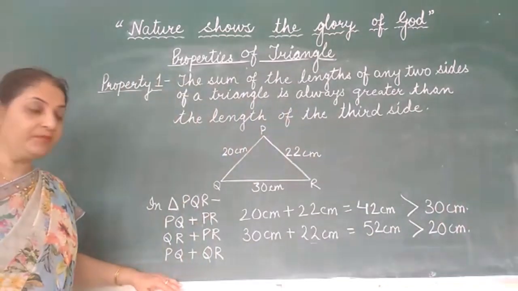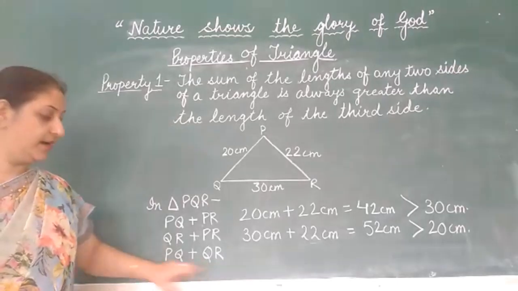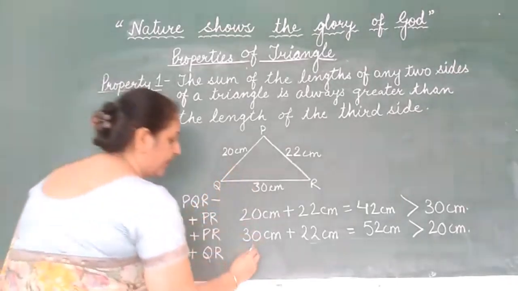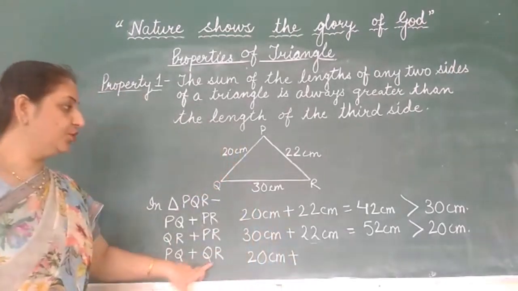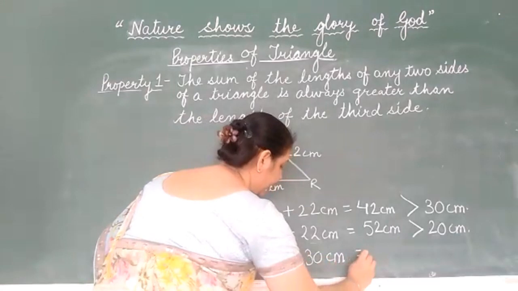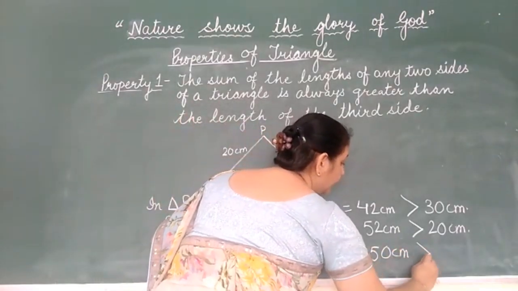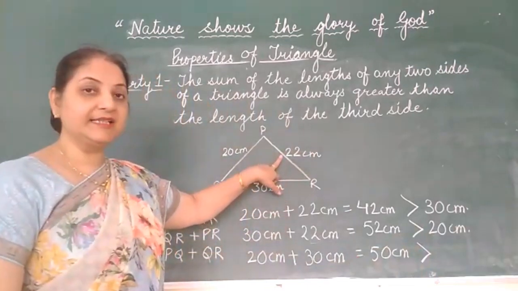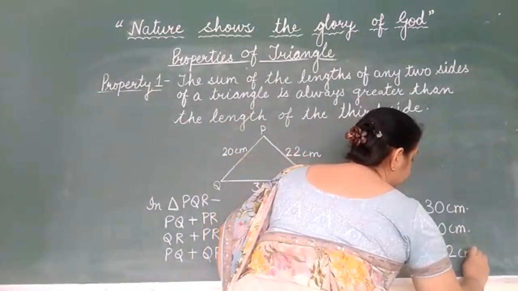Now, last combination will be, we will get the sum of PQ and QR. PQ is 20 centimeter and QR is 30 centimeter. The sum of these two sides is 50 centimeter. Again, this sum is greater than the third side PR, which was 22 centimeters.